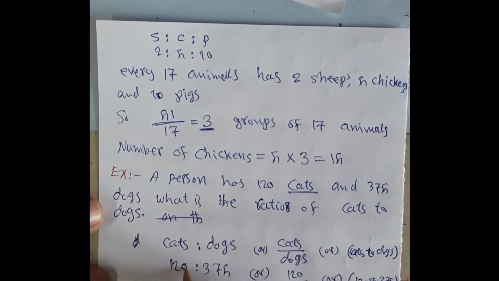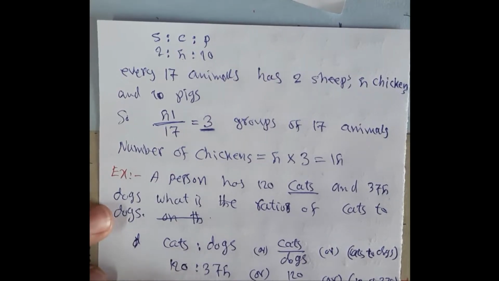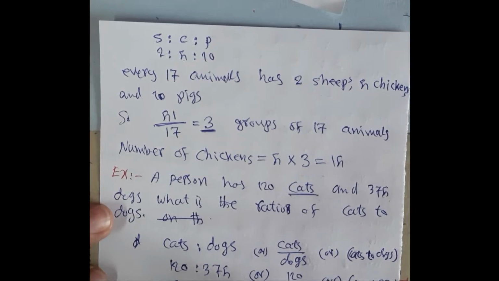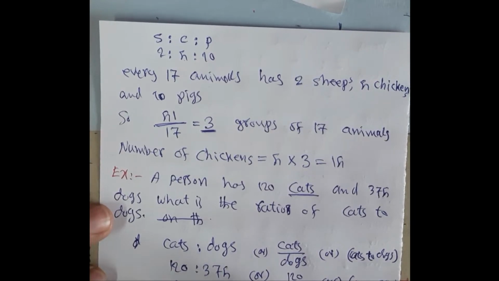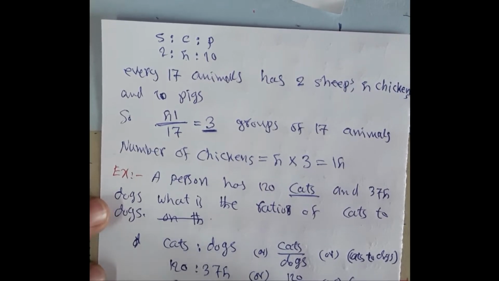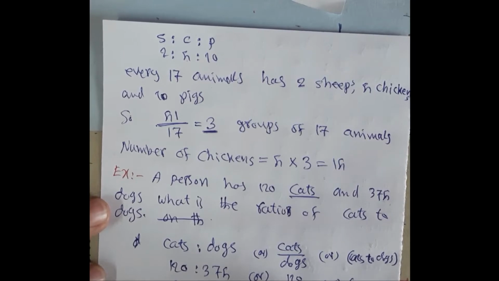All of them are divisible by 5: 120 divided by 5 is 24, 375 divided by 5 is 75. Or we can write 24 over 75, or 24 to 75.